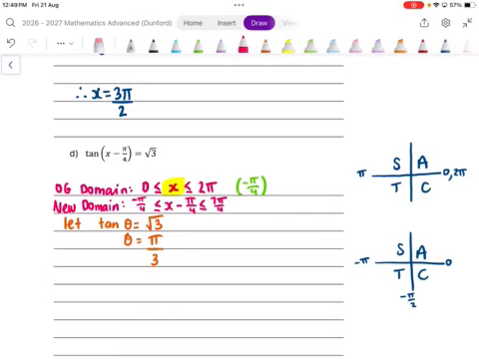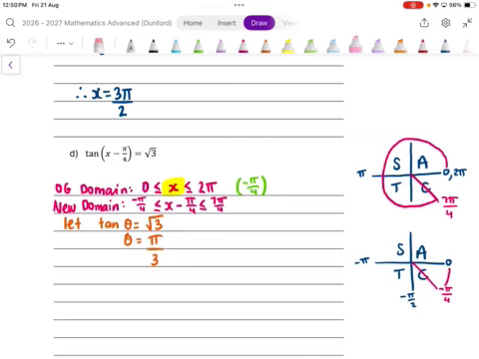Now, our new domain says that we go from negative pi on 4. So that's down on our bottom one. All the way around to our positive version of 7 pi on 4. Okay? That is what we're working with. Now, this one's a nice question because this new domain is actually not going to affect us because we're dealing with tan.